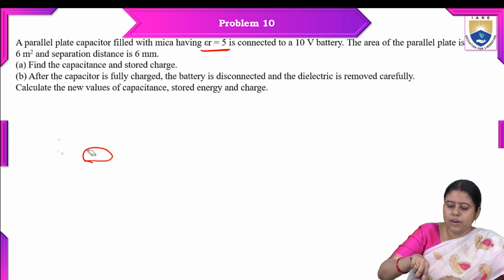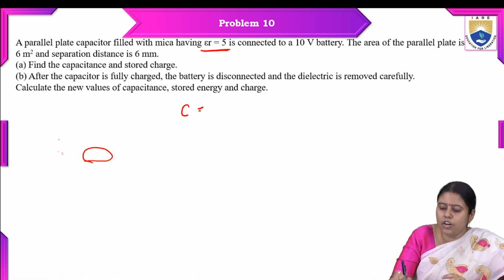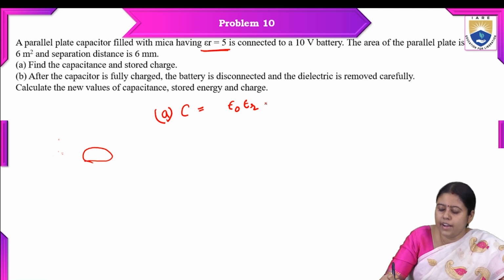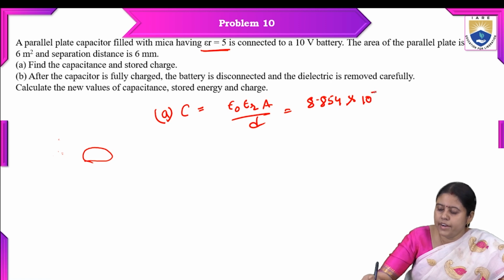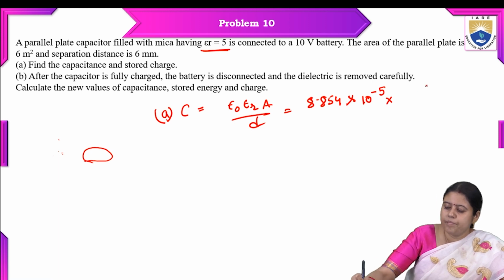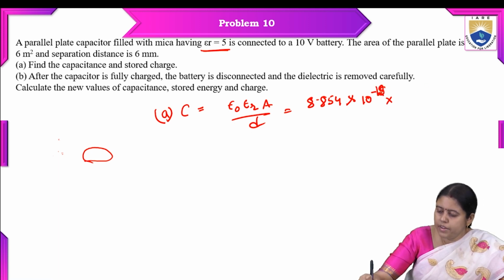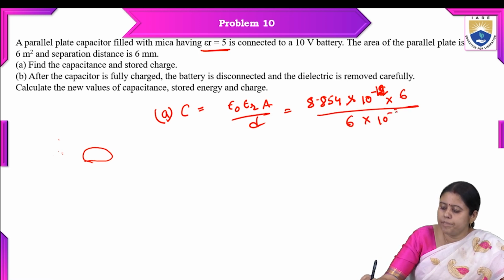So first, what is the capacitance? C is equal to epsilon naught epsilon R A by D, because it is mica. 8.854 into 10 to the power minus 12, A is 6, D is 6 into 10 to the power minus 3, and epsilon R value is 5.